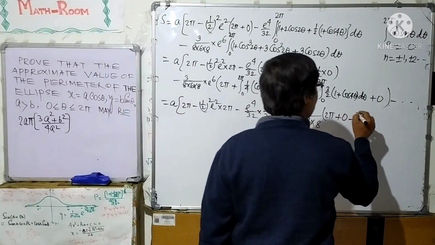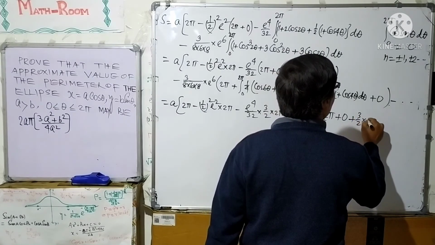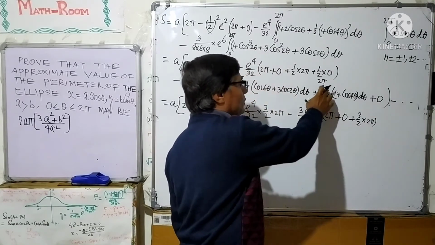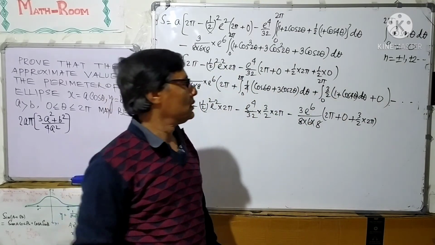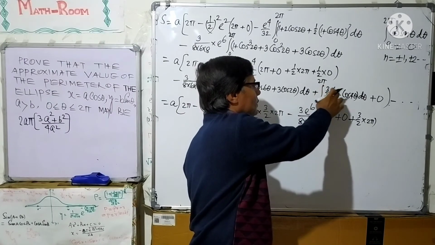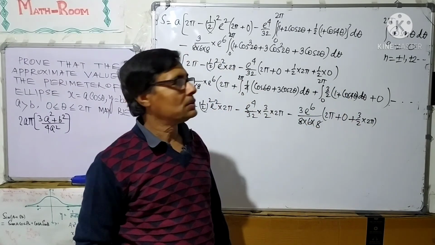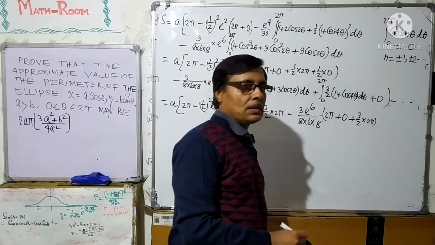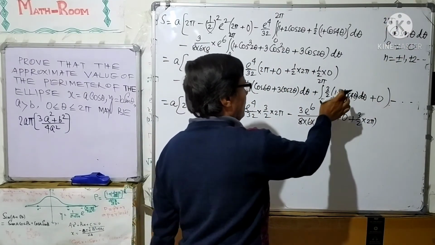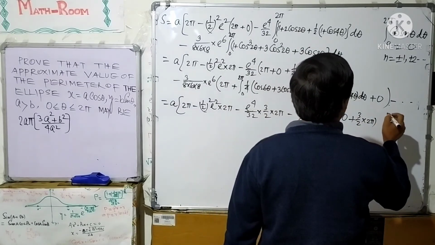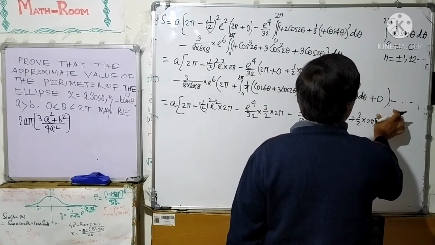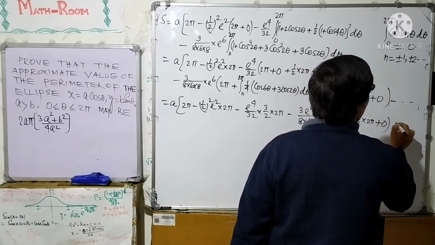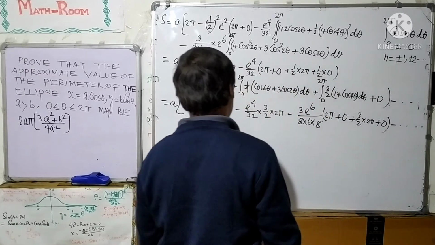So 3 into 2 pi, and here also 3 over 2 cos 4 theta d theta integrated from 0 to 2 pi is also 0, because it obeys the formula integral 0 to 2 pi cos n theta d theta equals 0. So this value is 0, this is also 0, minus and so on, an infinite series.